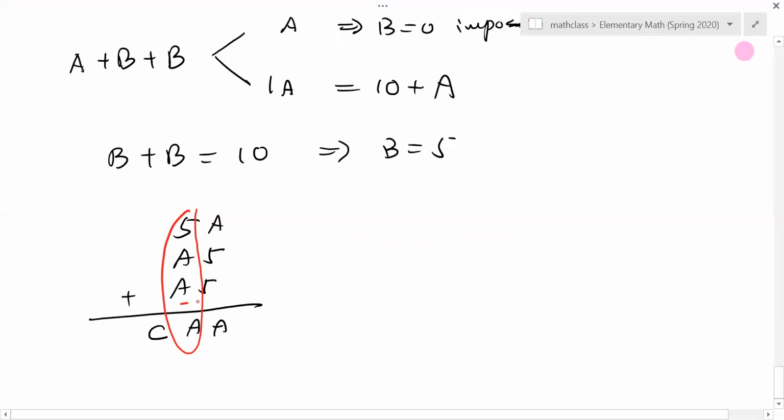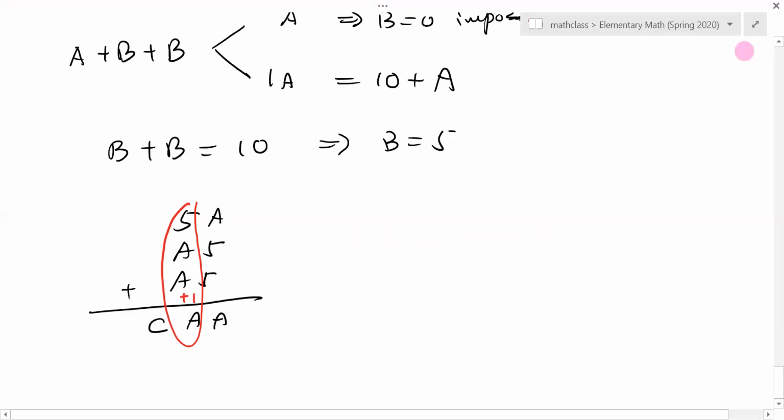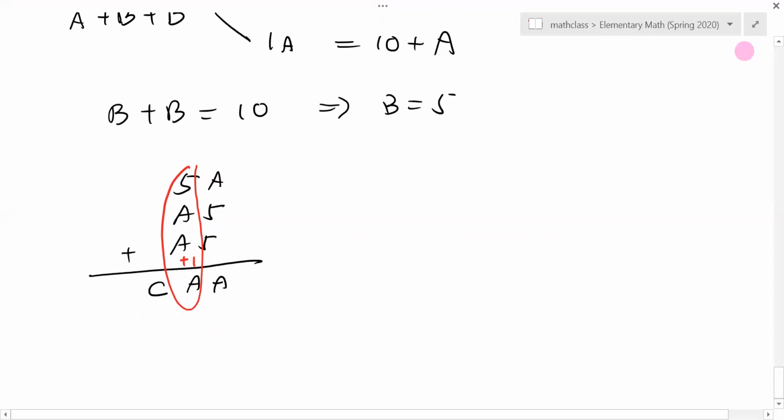We get the one from the computation of the units digit, right? Because A plus 5 is 10 plus 8, so that's 8. So now you get 5 plus A plus 1. This cannot be A, so it must be 1A. It must be 10 plus A, okay?